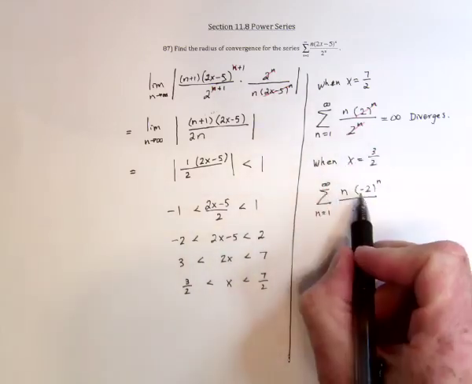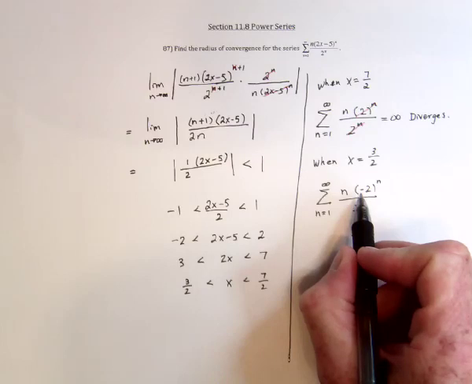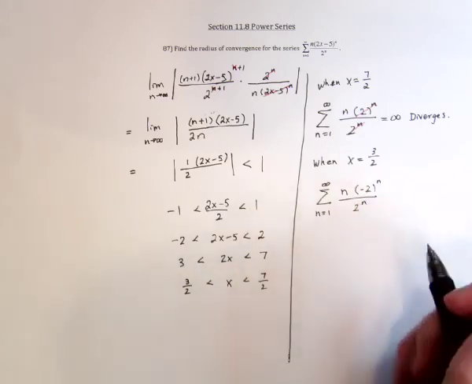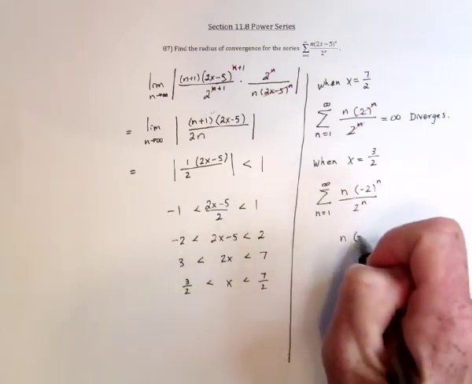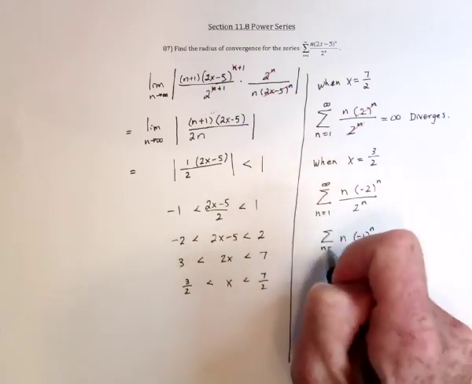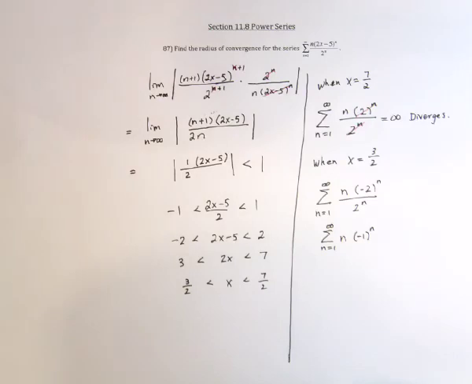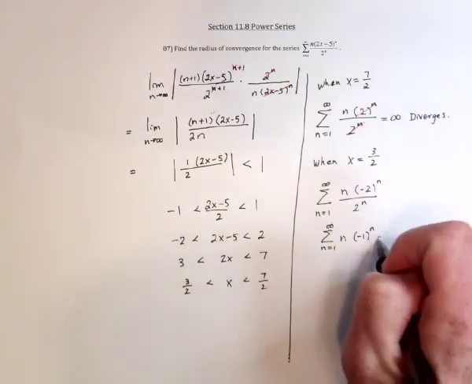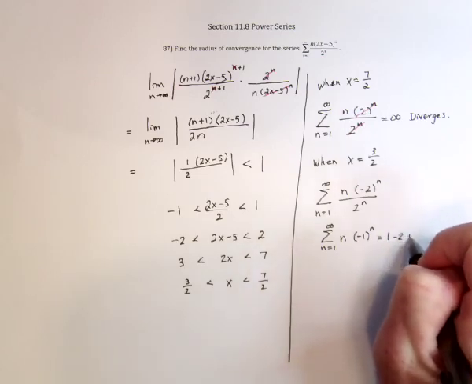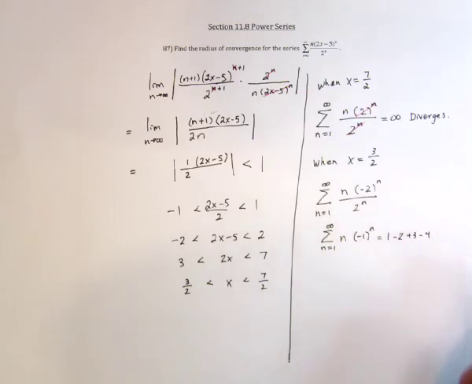So you could factor out a -1 to the n from this thing. So if you rewrite this as -1 to the n times 2 to the n, then the 2 to the n's will cancel, and we'd be left with just -1 to the n. And then, of course, this n doesn't get canceled. And then this would be a positive 1 minus a 2 plus a 3 minus a 4, and that diverges.